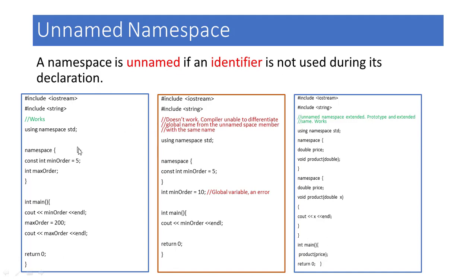And here we have an unnamed namespace because there is no identifier here. We also have here an unnamed namespace because this one has no identifier. And the same thing here. But we have also been able to extend here an unnamed namespace. An unnamed namespace can be extended. This is just a prototype of that, and it works.